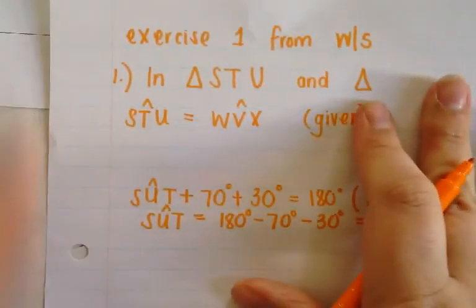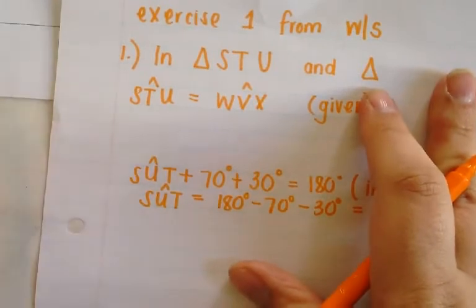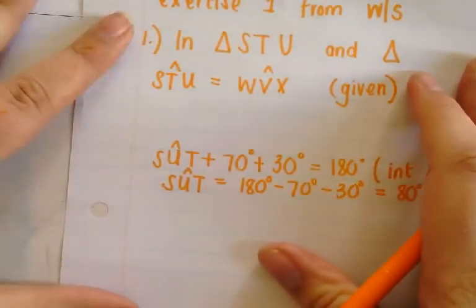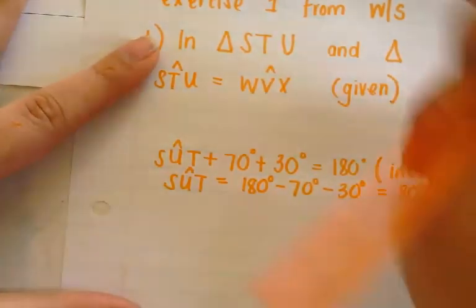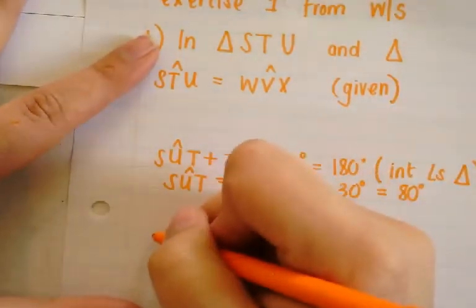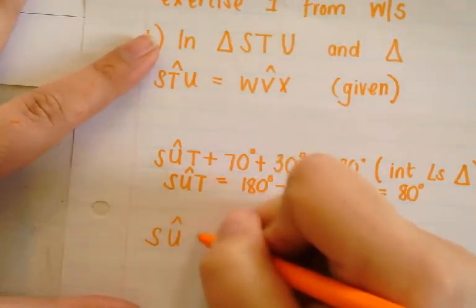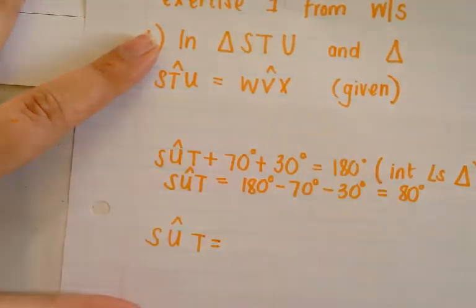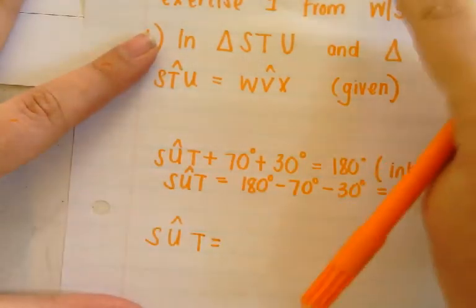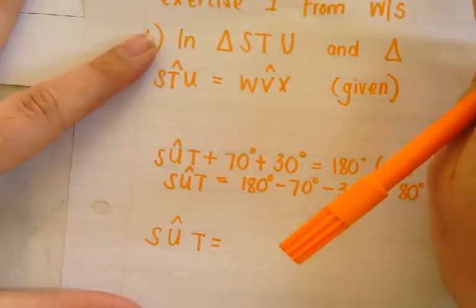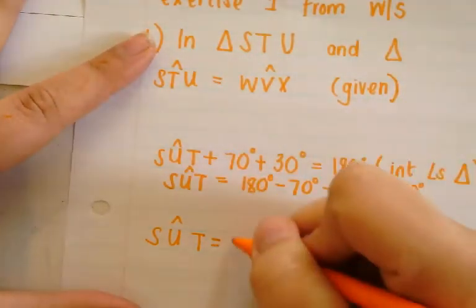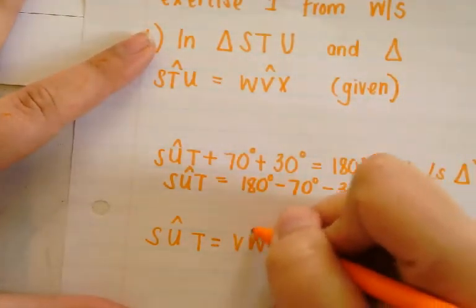So now let's calculate. Do we have a matching 80 in the other triangle? So I'm going to write that down. S-U-T. What is my matching angle? W, but with 3 letters, it would be VWX or XWV.